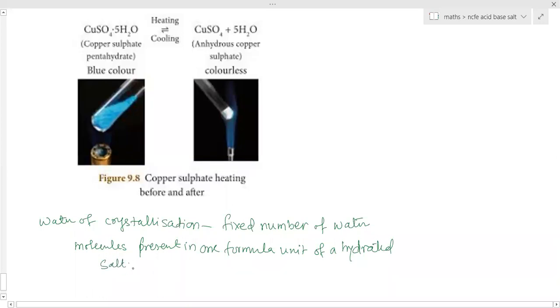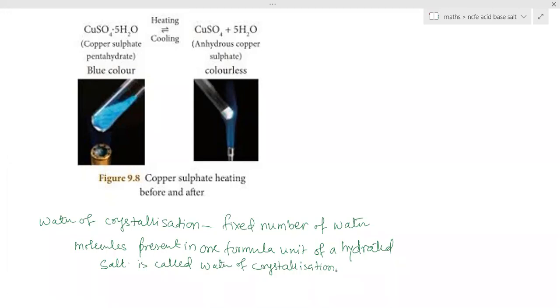So the fixed number of water molecules present in one formula unit of a hydrated salt is called water of crystallization. This definition you have to remember. The question is asked, what is water of crystallization? And some combination questions on the copper sulfate part are also asked.